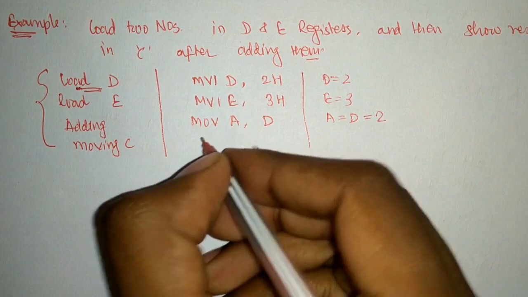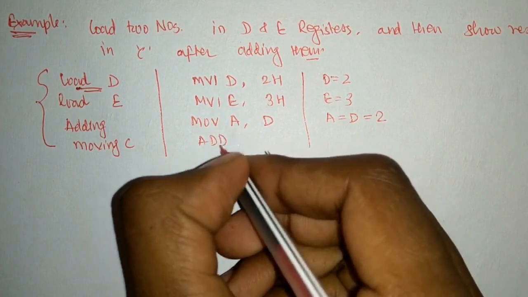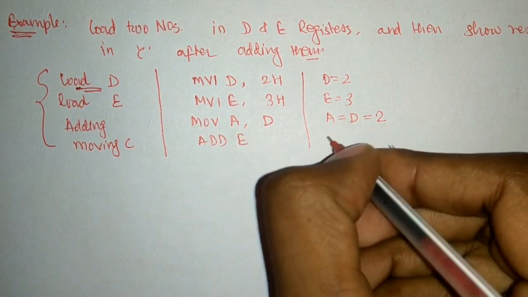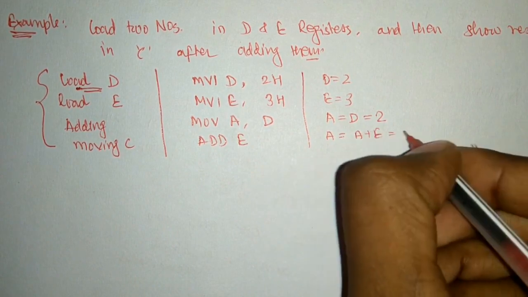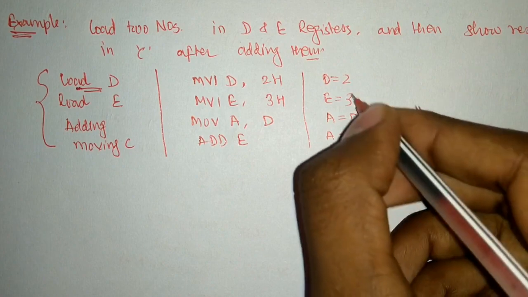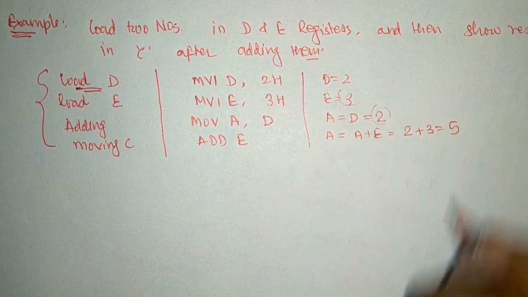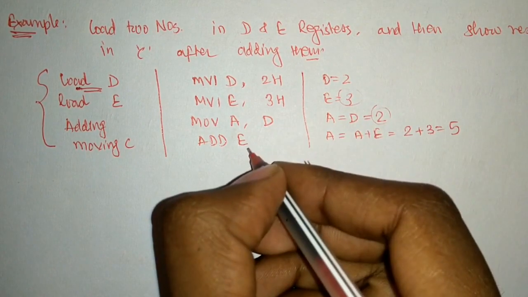Now I can do the addition. So now ADD E. What will that do? A will become A plus E, that is A's older value 2 plus E's value 3, and that will now be 5. So I am getting 5 after this operation.